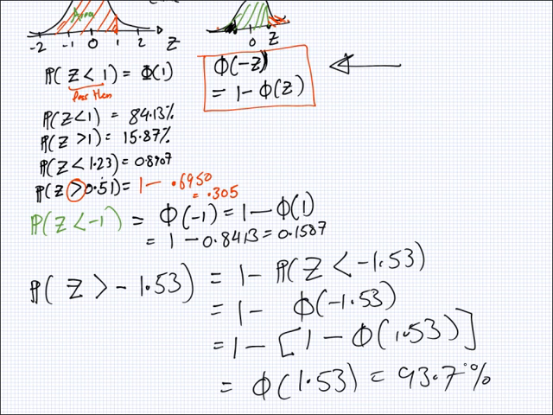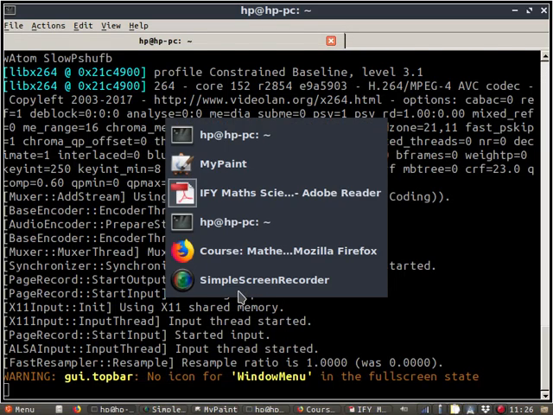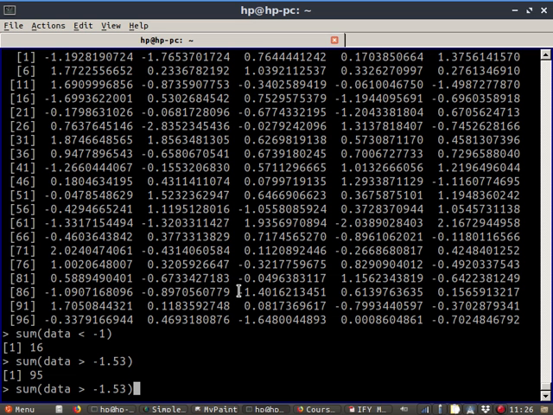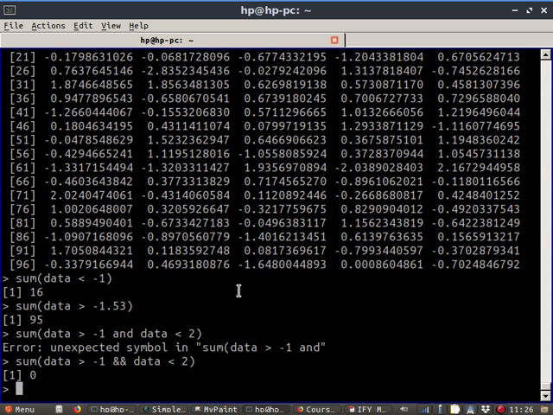Okay, I'm going to do a harder one now. I want to see if you can figure it out before I show you. Suppose I ask you, what is the probability that Z will be a number between minus 1 and 2? And before you calculate, let's get a rough idea of what that is. The data needs to be more than minus 1 and less than 2.